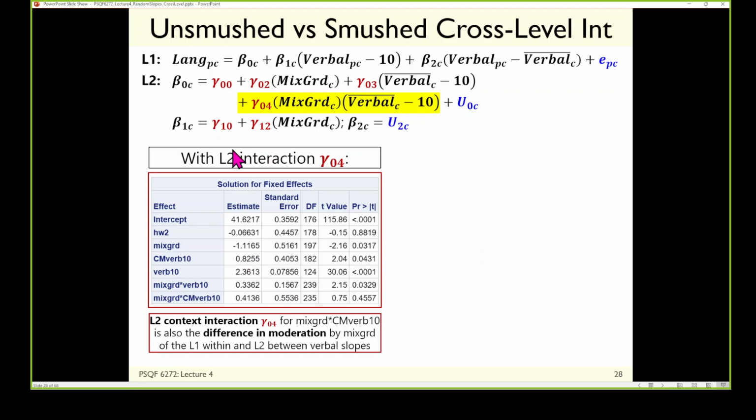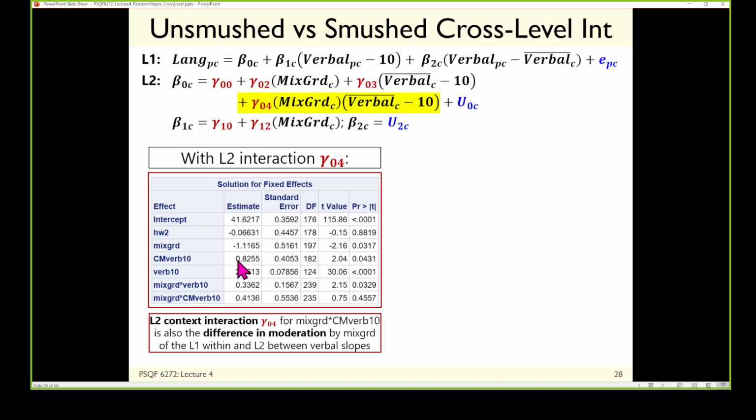The story is that this is like a standardized test of language achievement, whereas this is like language ability. So they should be related to each other. So for every unit more verbal you have on average in your cluster relative to other clusters, the whole cluster's outcome goes up by 0.83.